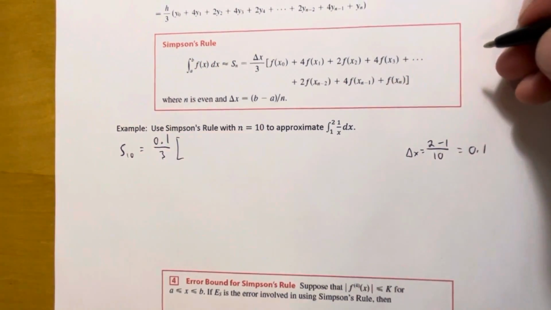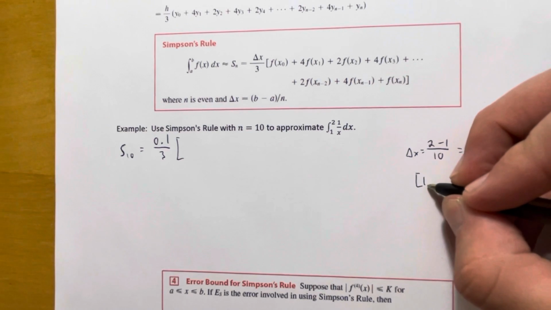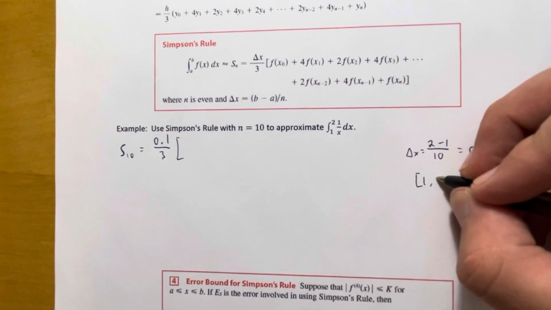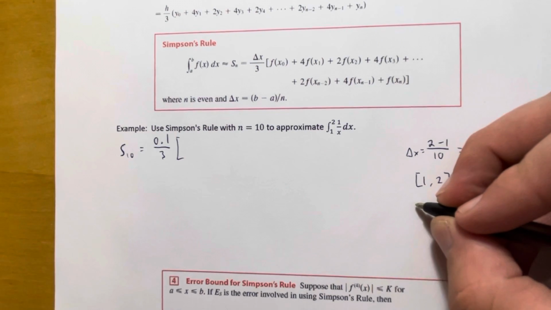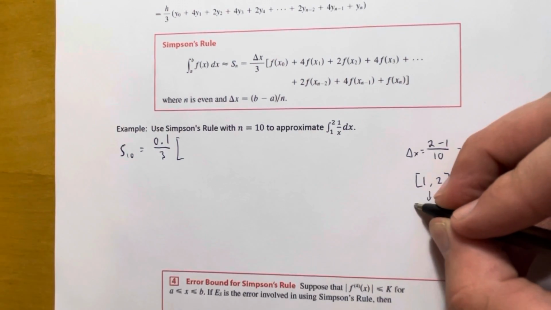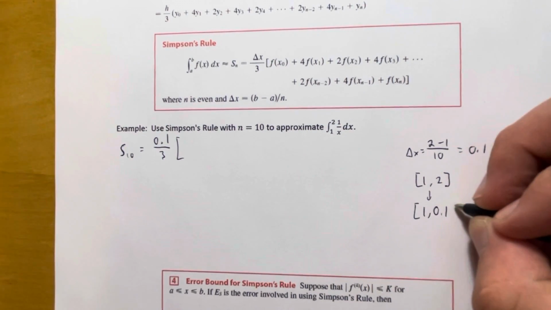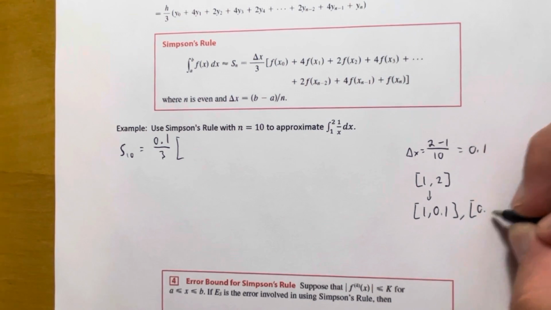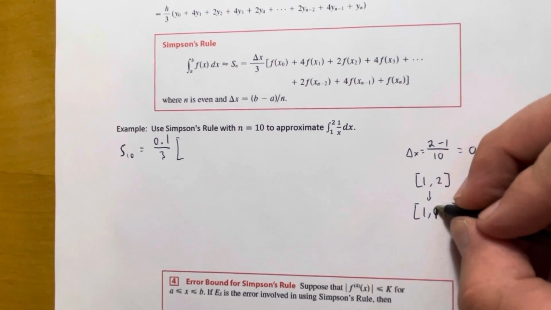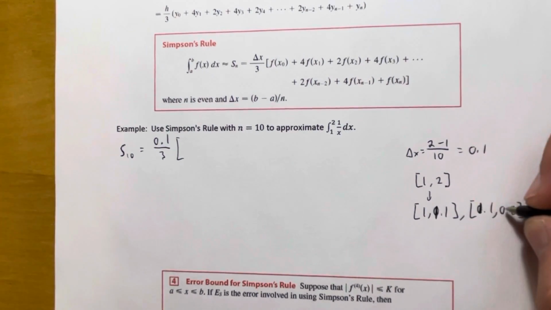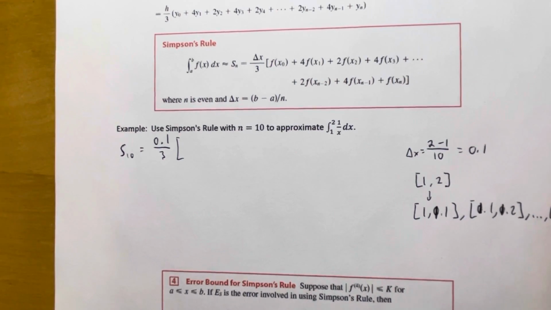Now, what are my subintervals going to look like? Remember, we're on the interval from 1 to 2, and we're dividing it up into subintervals of width 0.1. So that means I'm going to end up with 1, 1.1, 1.2, and you can kind of see the pattern here, ending at 2.